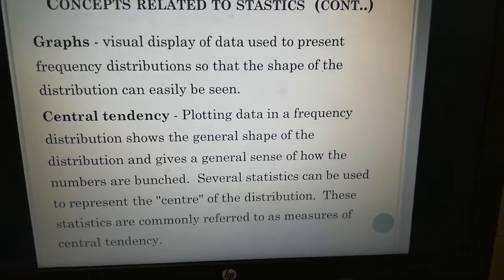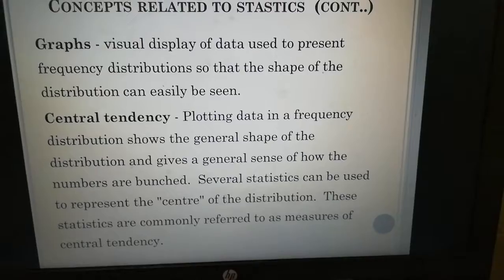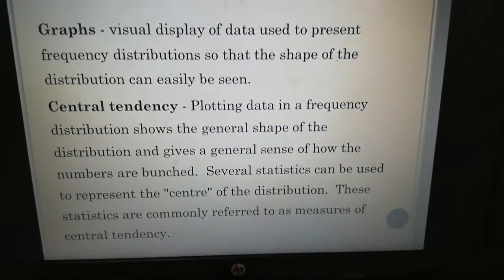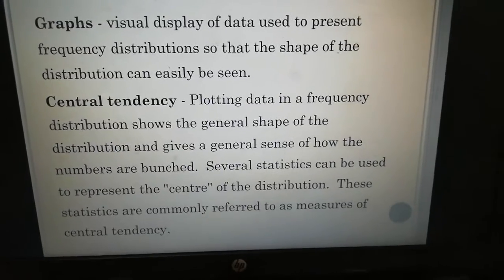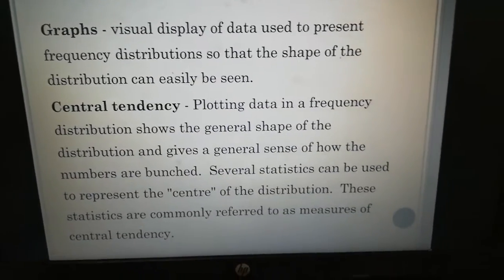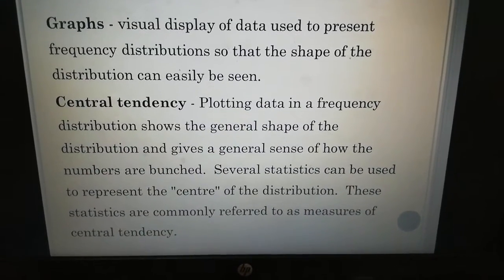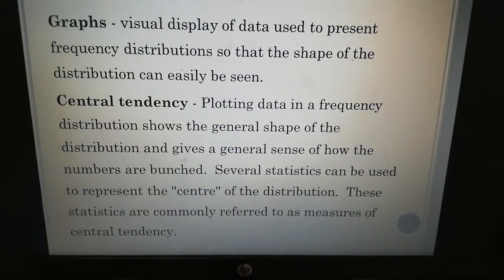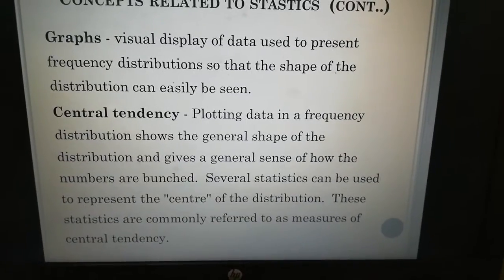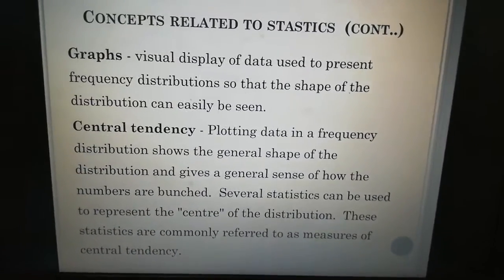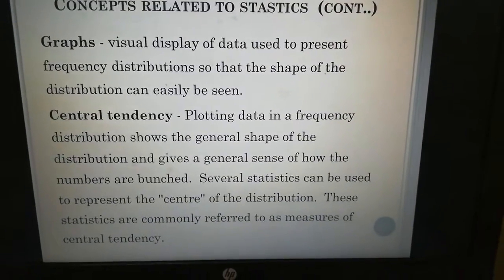Majority of the data will have the tendency to be in the center, and the tendency of the data to be towards the center is known as the central tendency. And the common measures of central tendency are mean, median, and mode.